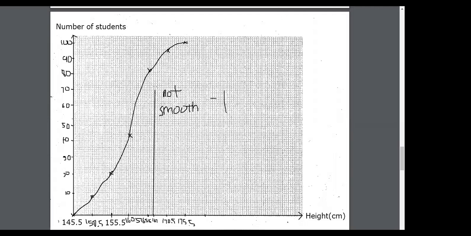You realize it's 0.5 because 5 divided by 10 is 0.5. So where is 167?